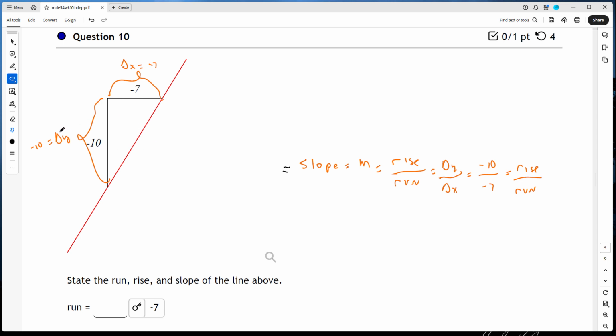So in this case here, the change in the y here, that is my rise. And the change here, the change in x, that is my run. So, the change in y, my change in x.